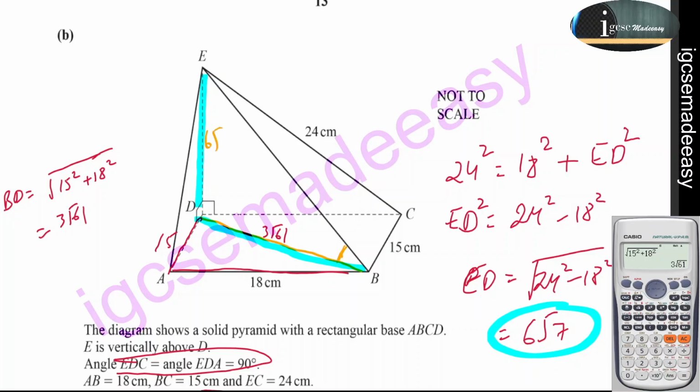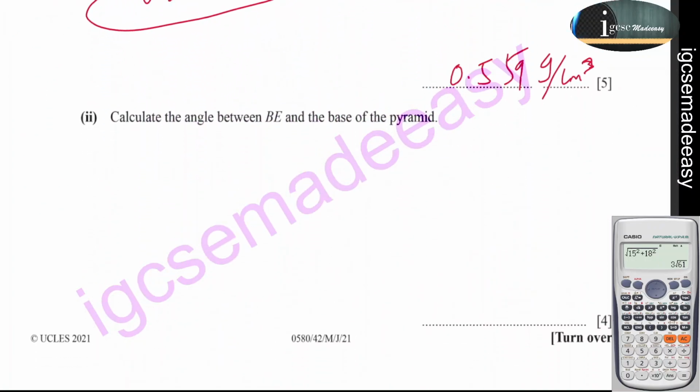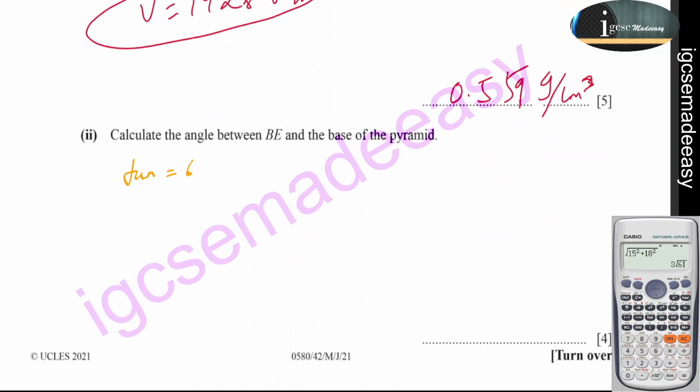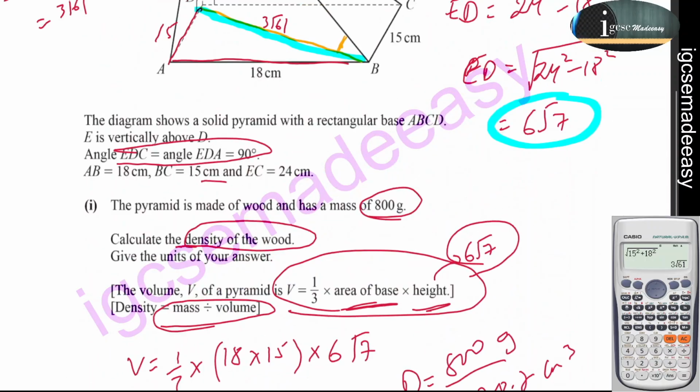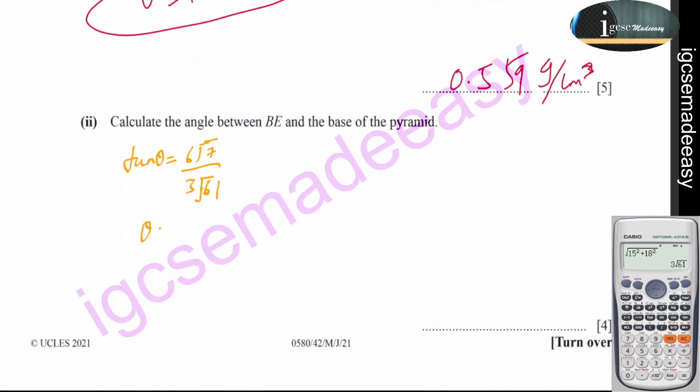So we can use the tan rule to easily calculate it. Tan says the opposite is 6 root 7 over the adjacent side, 3 root 61. Let's say this angle is theta. So tan theta is that, and theta will be equal to tan inverse of 6 root 7 by 3 root 61.